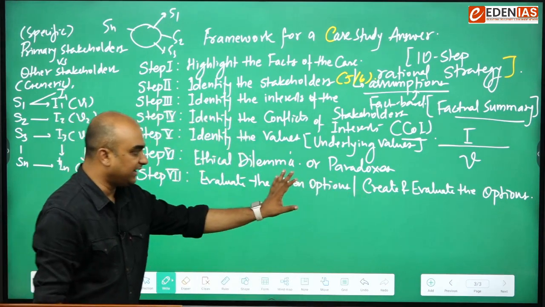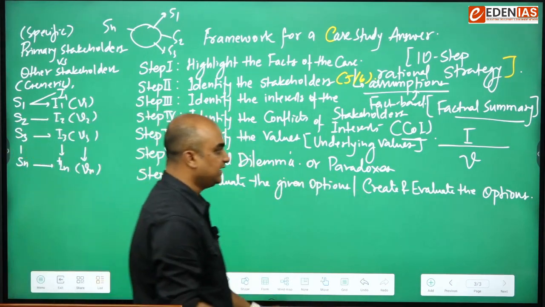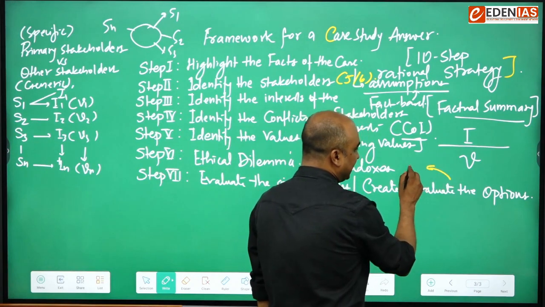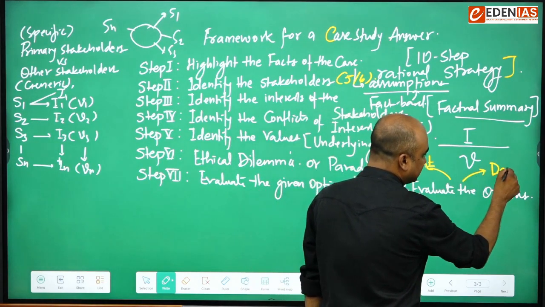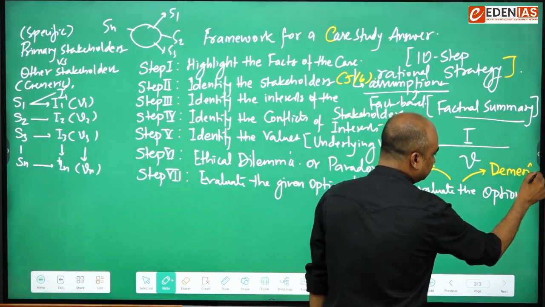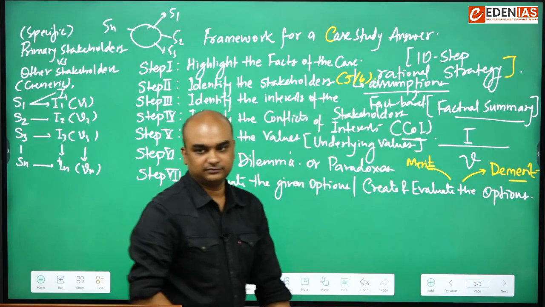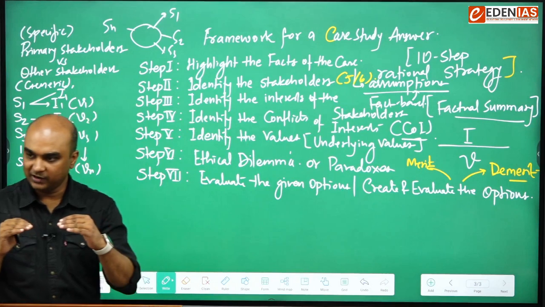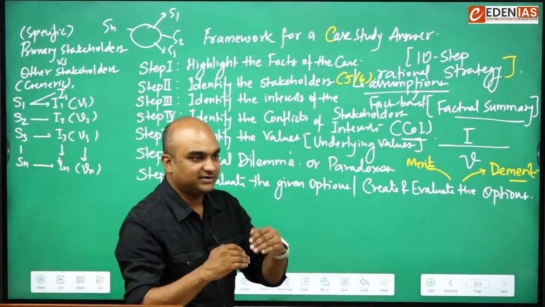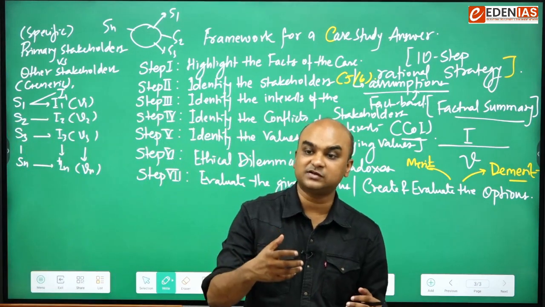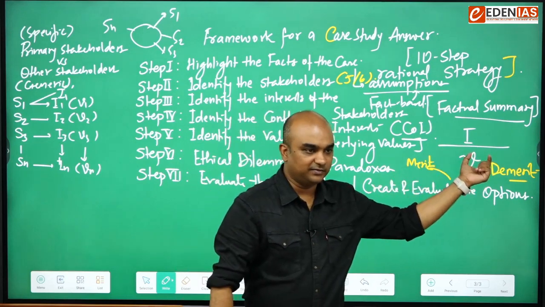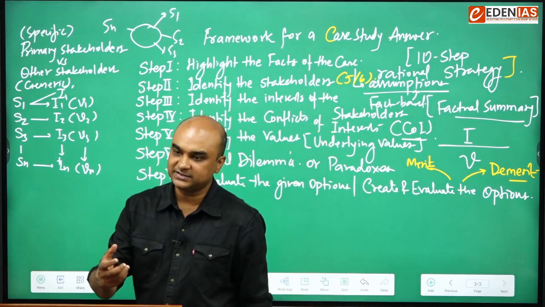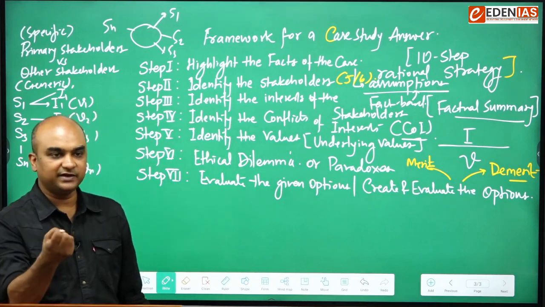So when you are evaluating, what you have to do is highlight the merit and highlight the demerit in the option, and then take a decision on the basis of what dominates, whether the merit dominates or the demerit dominates. If the merit dominates, you pick the option. If the demerit dominates, you drop the option.